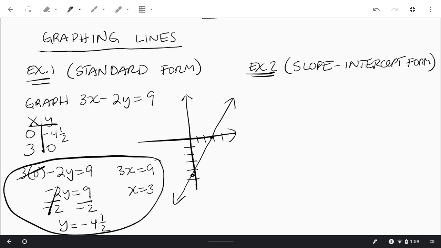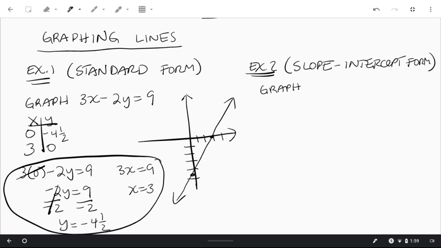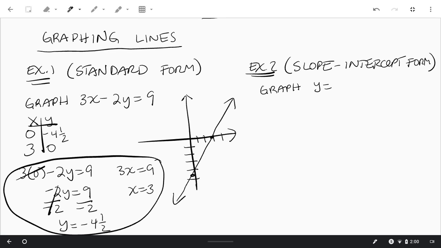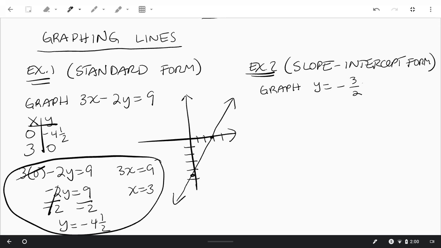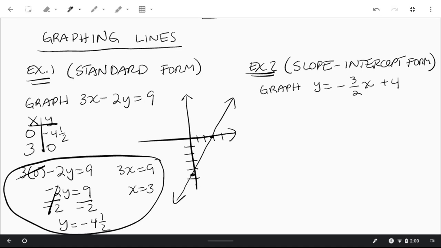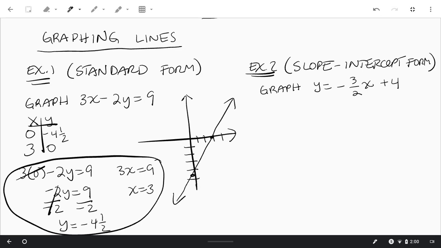So when it's in slope-intercept form, let's look at that. Let's go ahead and graph y equals -3/2 x plus 4. Something I want to note here about that -3/2.